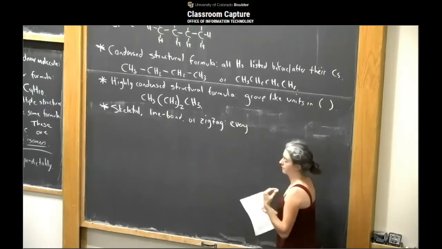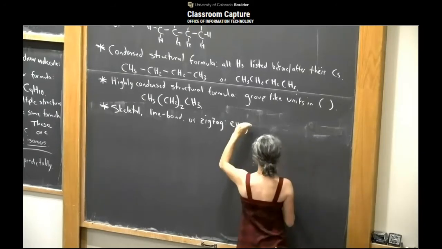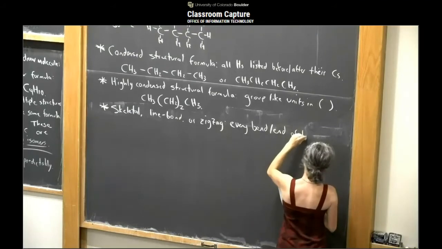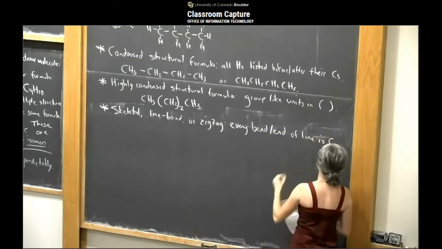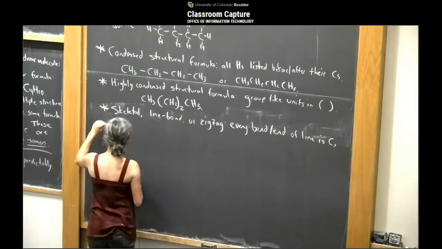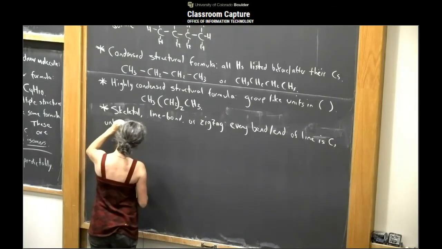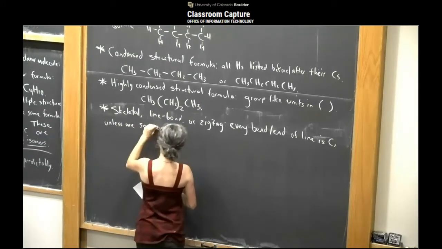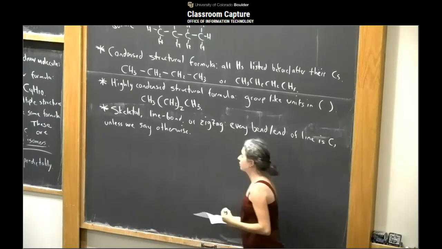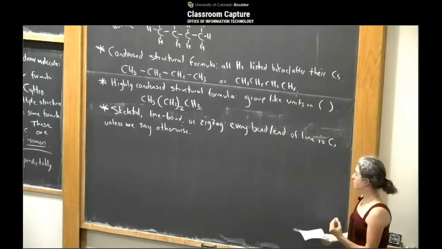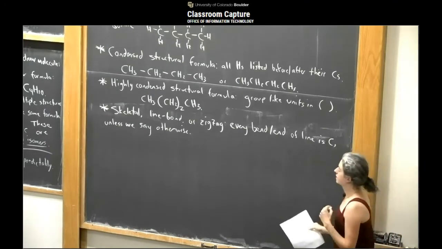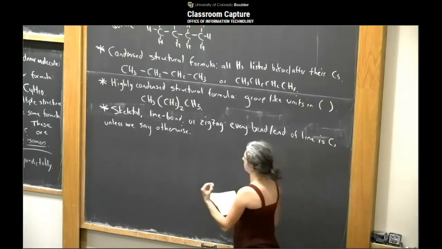Or in other words, every end of a line segment is assumed to be a carbon, unless we say something else is there by drawing a different atom explicitly. And then we're not drawing the H's either. We're going to assume that every carbon has the right number of H's to give it a full octet, unless we say otherwise, like if there's a positive charge.